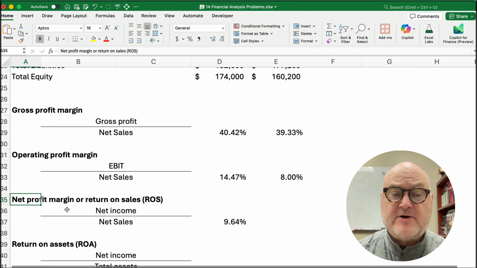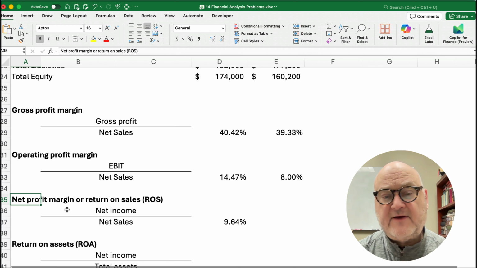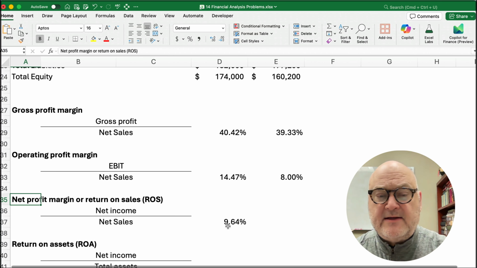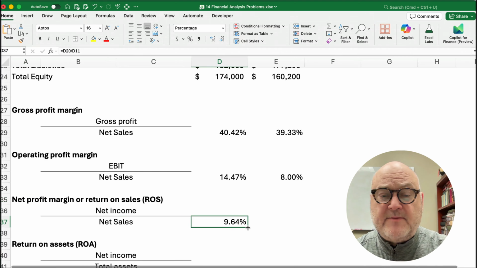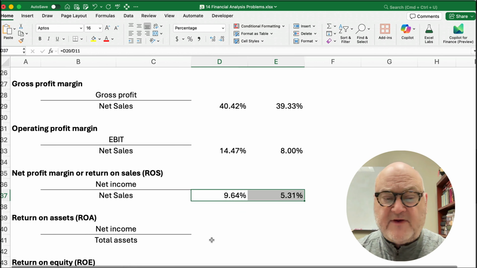So you say net profit margin, return on sales. So you're talking about net income as a percent of net sales. And yes, so make sure you communicate on this and make sure you're in good shape. So here, last year, it was 5.3%. Now it's 9. So we're happy we're making more profit as a percent, net profit margin, return on sales.